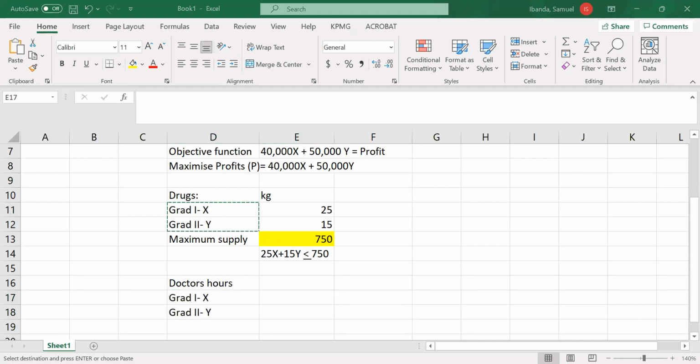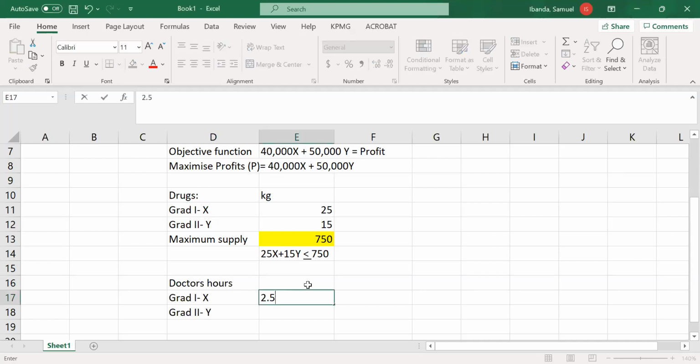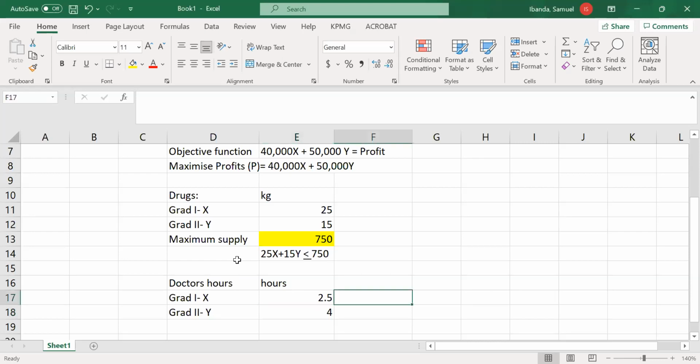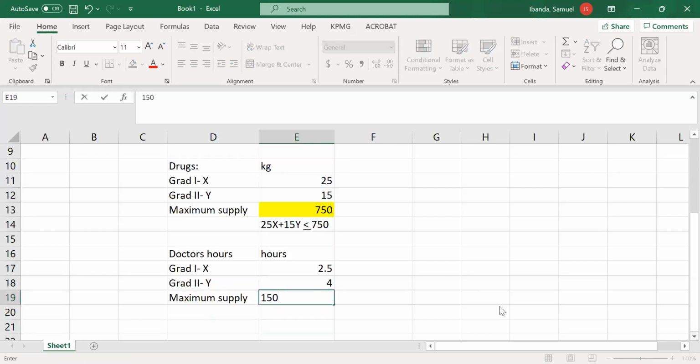So we have 2.5 and 4. These are hours. Now we have the maximum supply of the doctor's hours, which is 150.